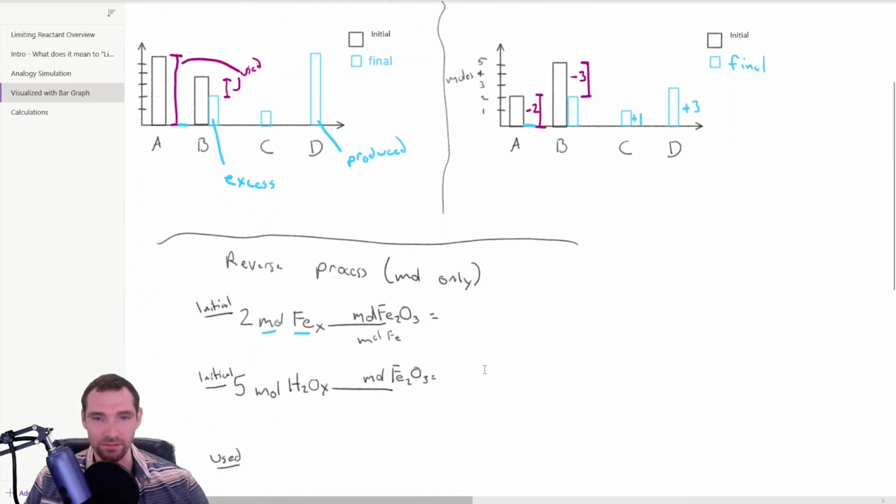It needs 2 iron in the iron oxide. So you're going to use up a 2-to-1 ratio, right? So if you have 2 moles of iron, you're going to be able to make 1 mole of the iron oxide.